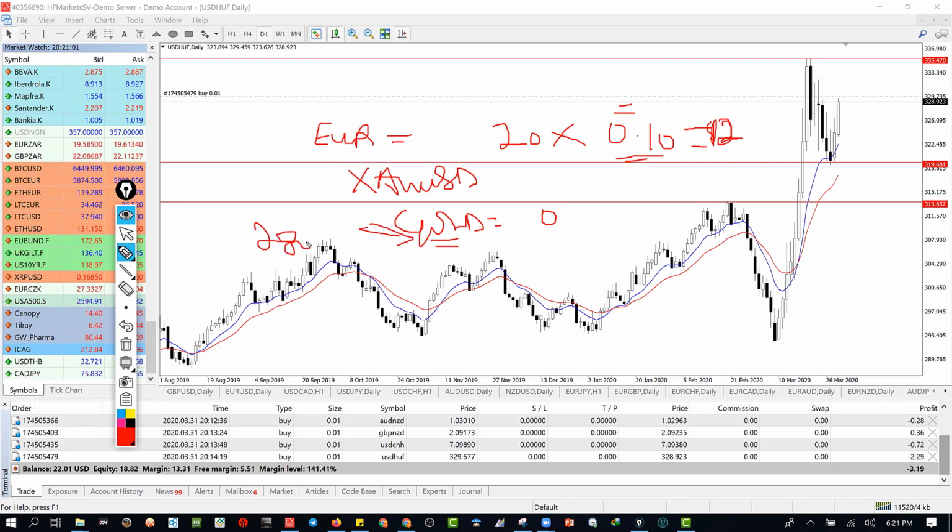If we take this trade, we have to have at least $25. The account right here is $22. If you want to take a trade based on 0.01, we're going to be charged at least 25. So we don't have enough funds right here, and that is the reason we can't take this trade.